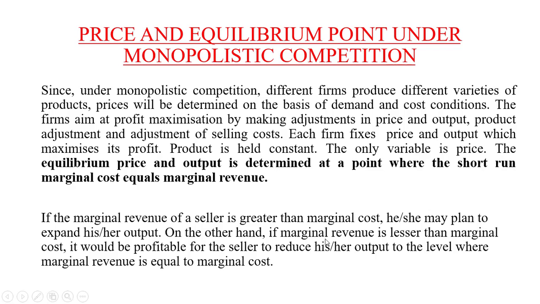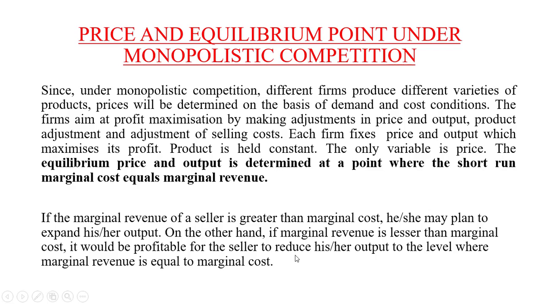On the other hand, if marginal revenue is lesser than the marginal cost, it should be profitable for the seller to reduce the output level to where the marginal revenue is equal to the marginal cost. So in this case, if the marginal revenue is less than the marginal cost, what decision does the seller have to take?